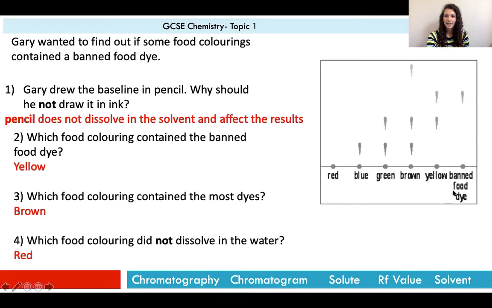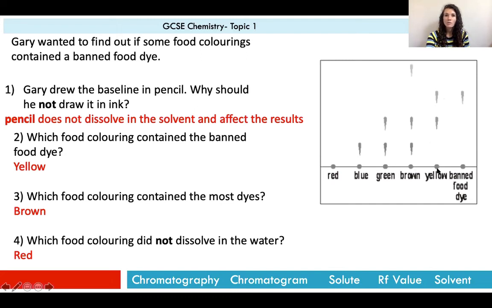Number 2, which food colouring contained the banned food dye? We can see here is the banned food dye, and this spot here shows the substance that it contains. Now if we look along the chromatography paper, the only dye with a compound in it that has moved the same distance is this one here, the yellow.